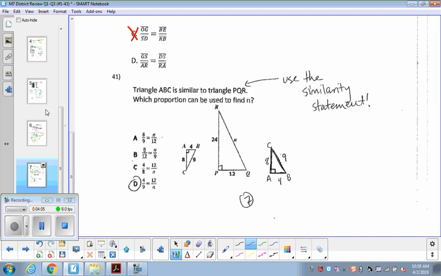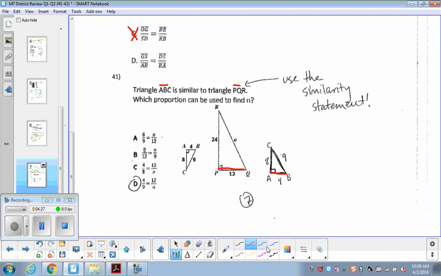For question 41, we want to use the similarity statement again to be able to find which proportion would be used to find N. Now what I did was I just took this triangle here and I redrew it to help you see. I know that AB matches up with PQ, so PQ, there's the AB, that's how I knew to match it up like that.